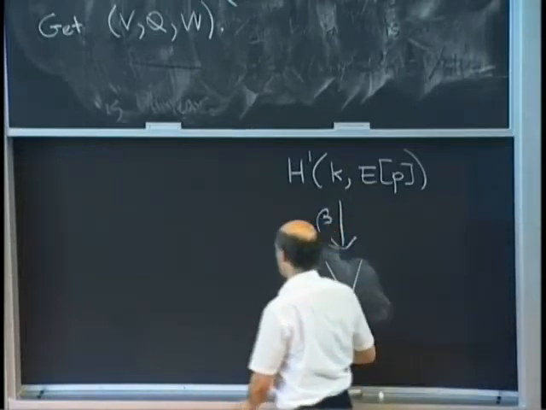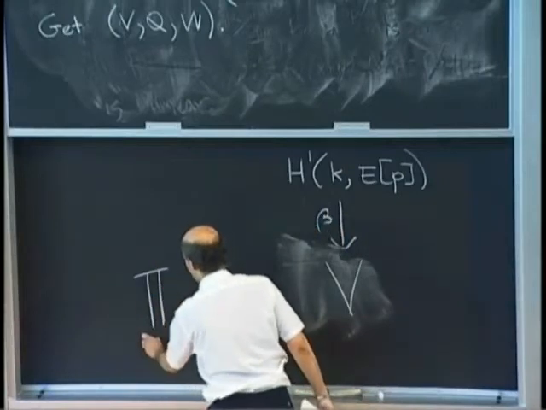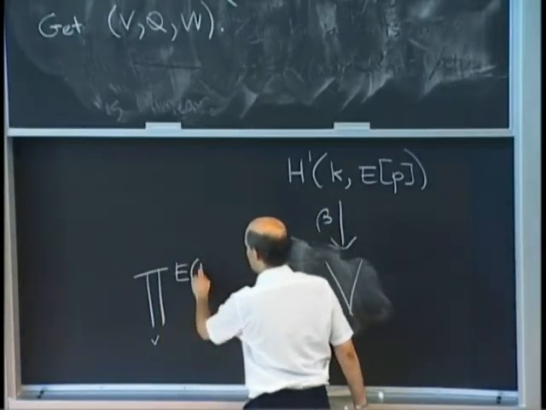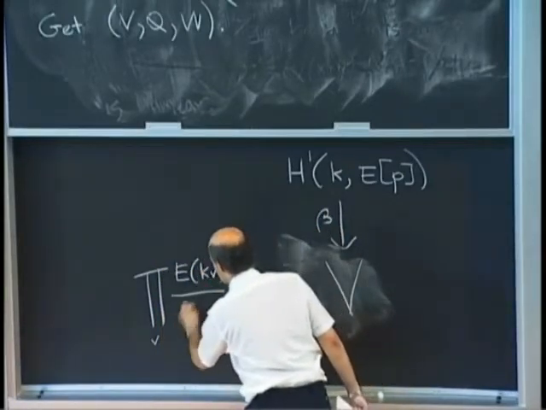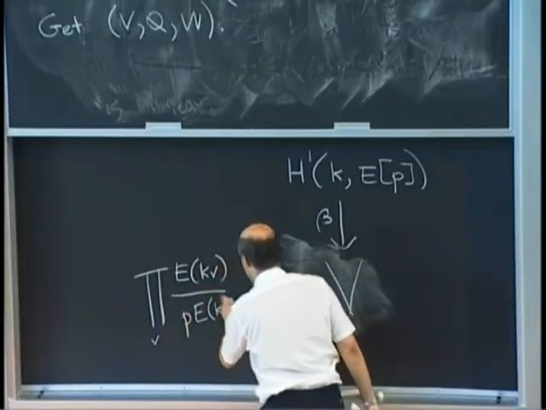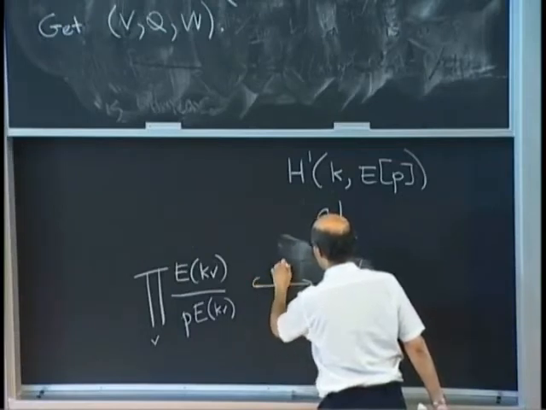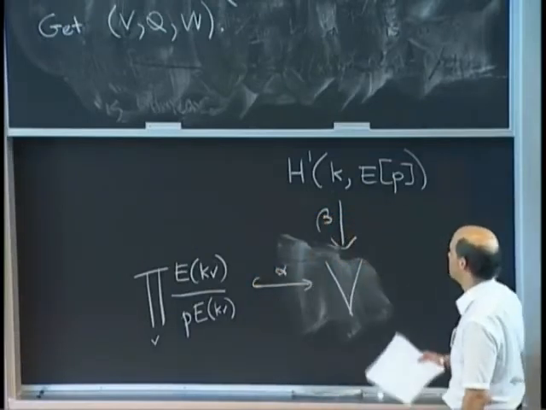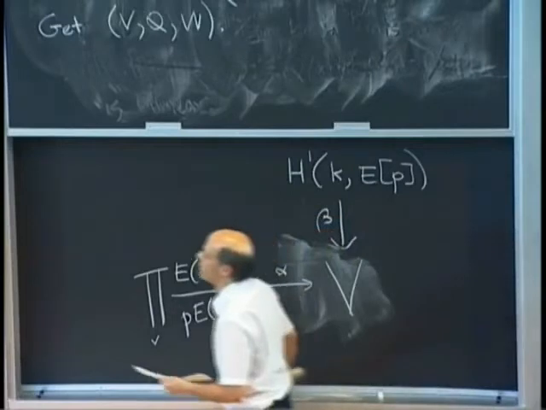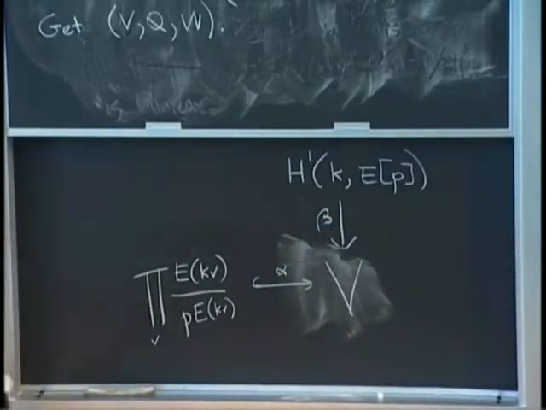And over here, I have the product over all v of E of kV mod p E of kV, and this maps in here, just includes in there by this map alpha. Okay, and now what is the Selmer group?